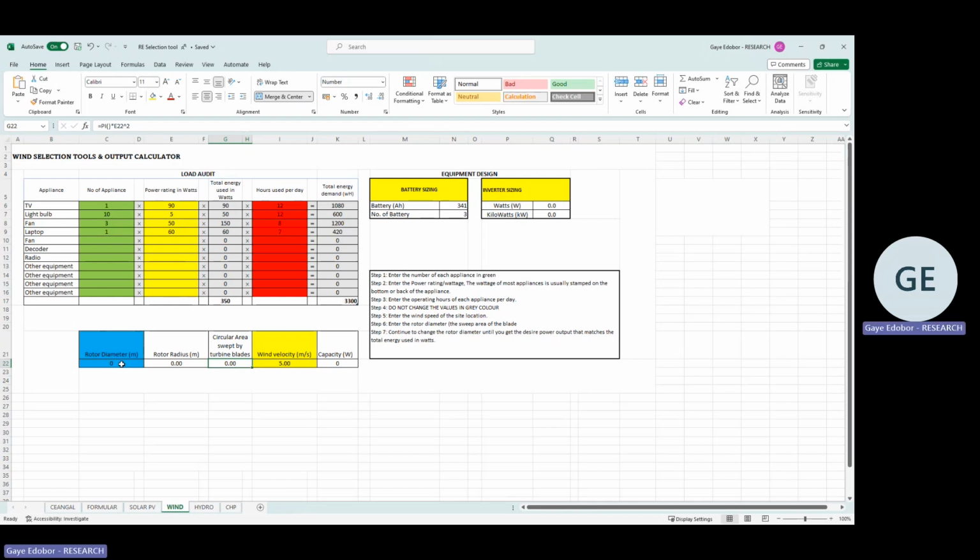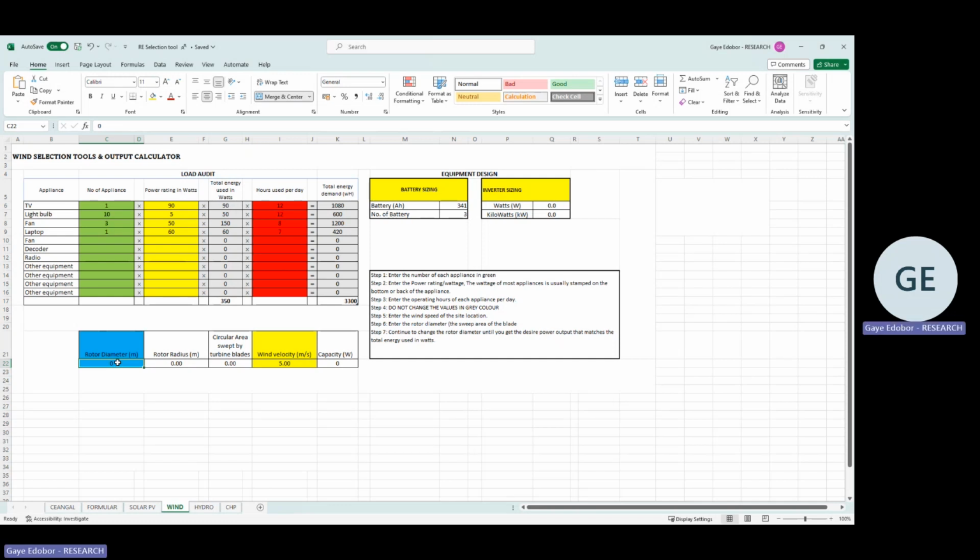To match the particular power that you need, in this case the watts of the load, you alter the rotor diameter. In a very small wind turbine application, it is between 1.25 and about 5.